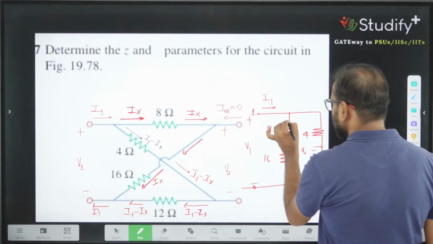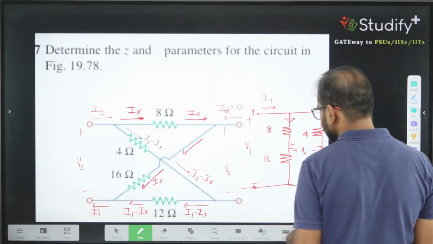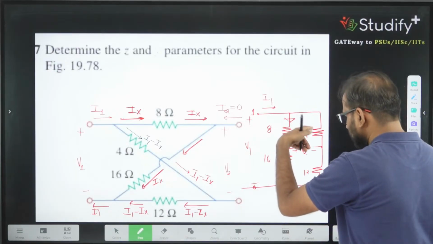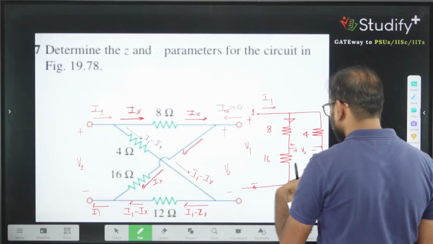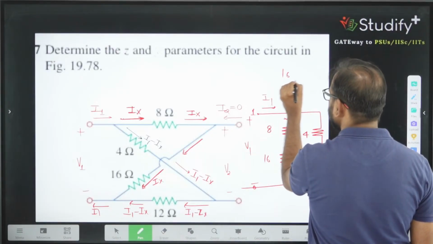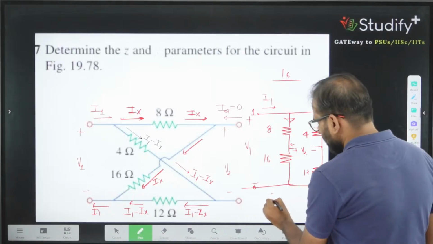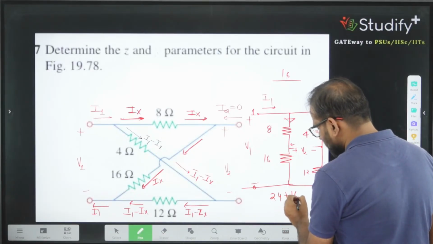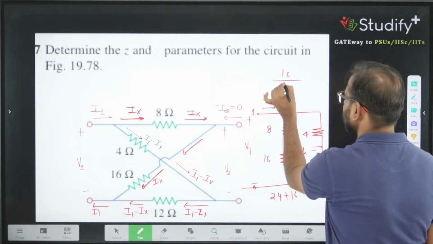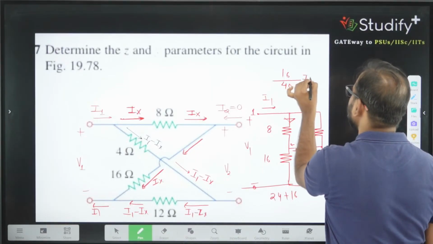The current in this branch is given by, because I2 current is 0, 12 plus 4 is 16, 16 divided by the sum of all these resistances, 24 plus 16, which is 40. This much of I1 equals V1.